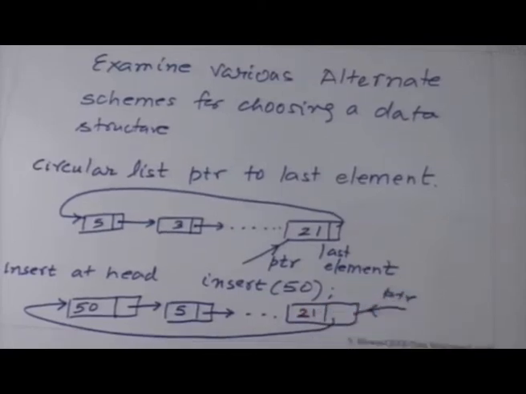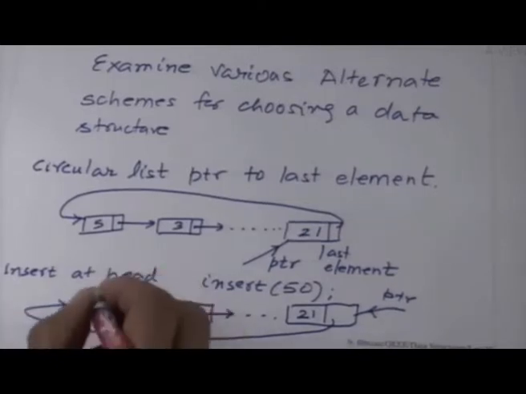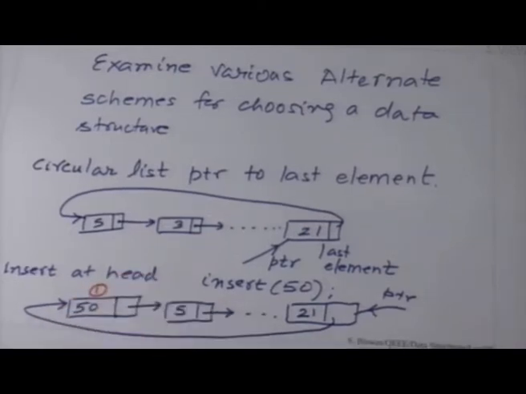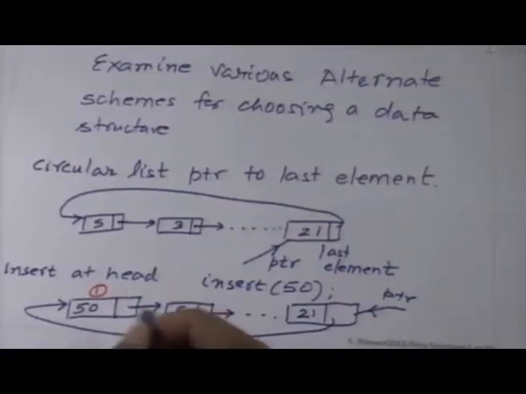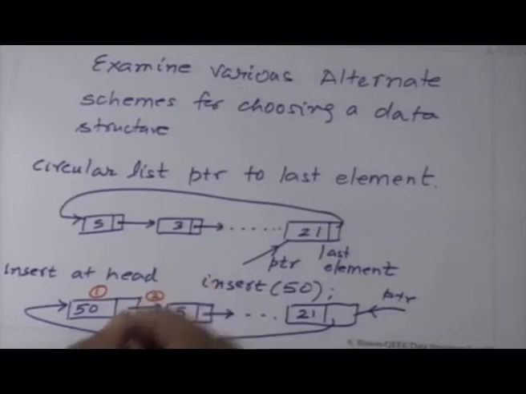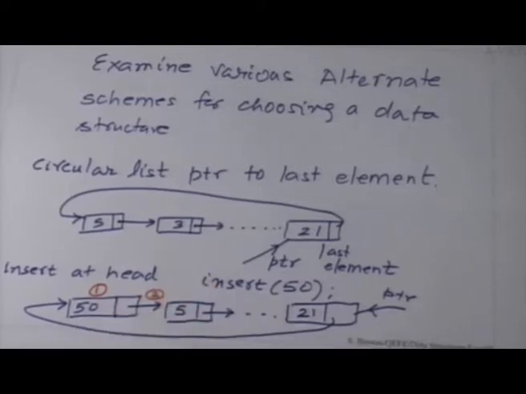If you agree with me that this should be the correct picture after inserting an element at the beginning of the list, it tells us that the number of changes which are required are the cost for acquiring a box and putting a value 50. I'm labeling it as 1. Some effort will have to be taken. Setting up the pointer of 50 to the earlier head of the list, which is 5. I have to populate this part correctly.